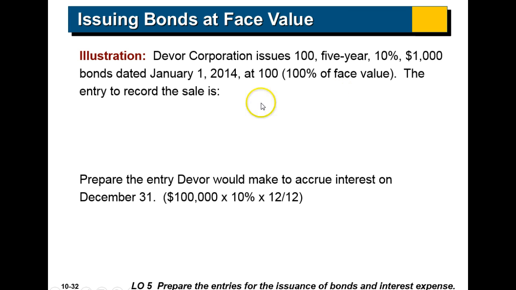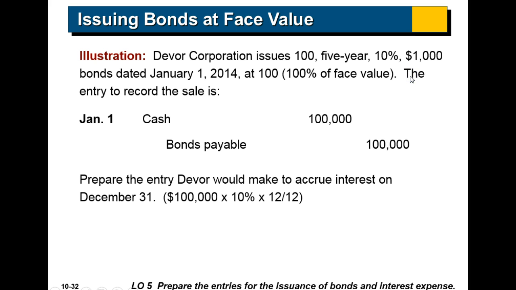The entry to record this sale is a debit to cash of $100,000, 100 times $1,000 bonds, and a credit to bonds payable for $100,000. What this means to me is that the market interest rate is what's on this face value, the stated rate of 10%. That's all that means to me.